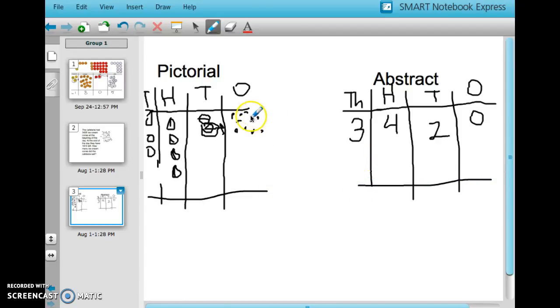Okay, now that we've regrouped and we have 10, we can go ahead and eliminate the 5 ones. 1, 2, 3, 4, and 5. And we're left with 1, 2, 3, 4, and 5 ones.